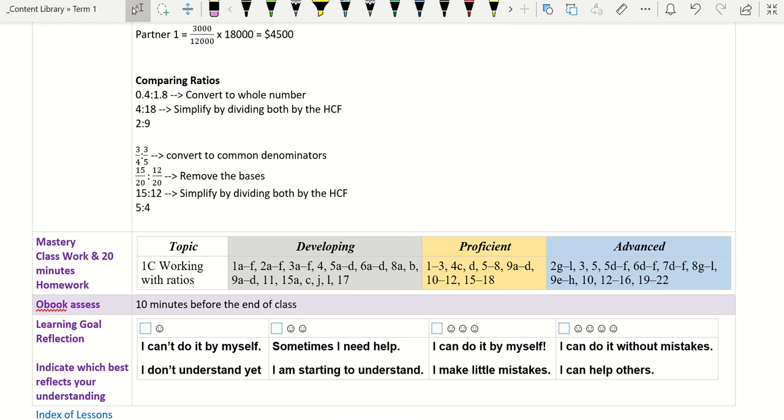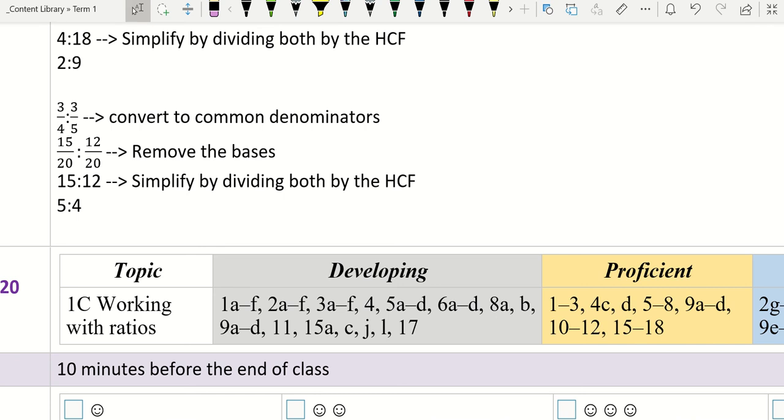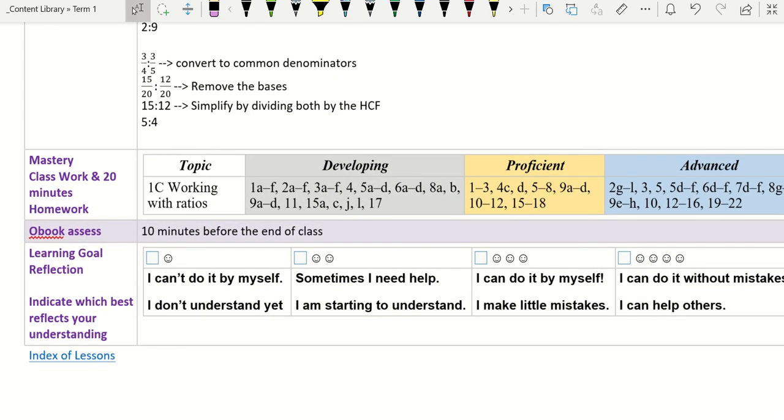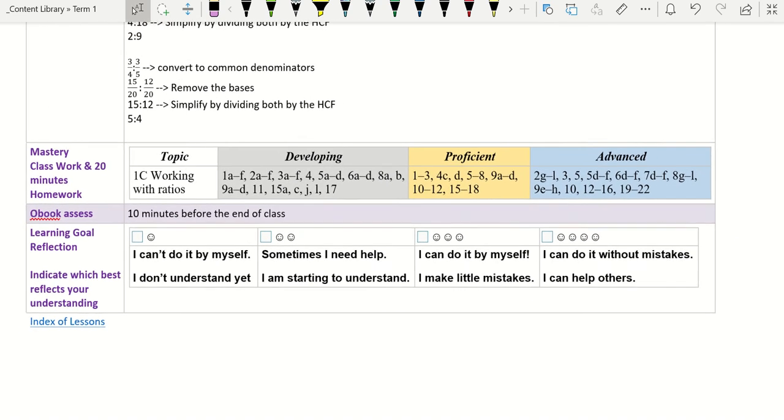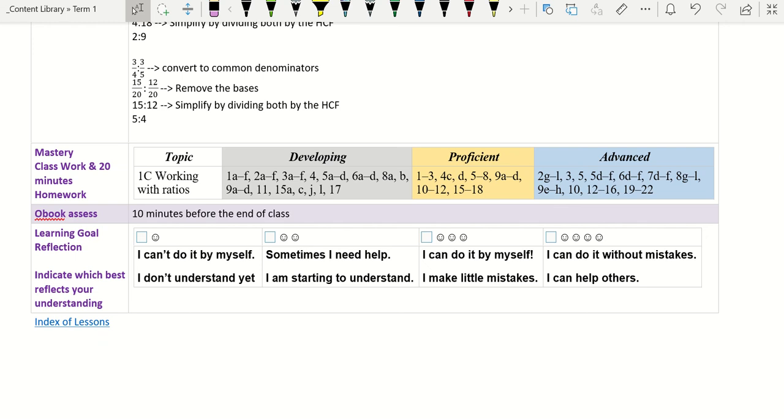So we convert it out to 20ths, and then we remove the bases to become 15 is to 12, and then we simplify by dividing both by the highest common factor. When you're all over that, students, can I get you to work on the mastery exercises for the lesson, please?